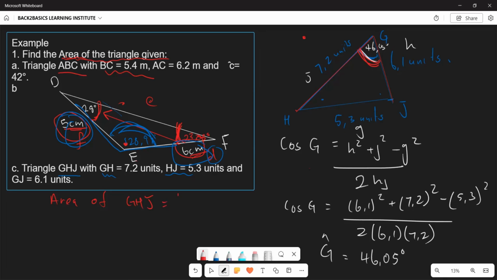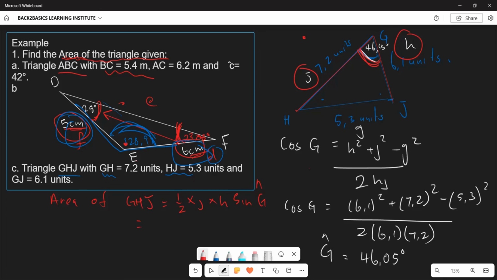It is going to be given by half multiplied by the side you're given here, J, and the side you're given here, H, multiplied by sine of G, because it is the angle G that we've calculated, right?